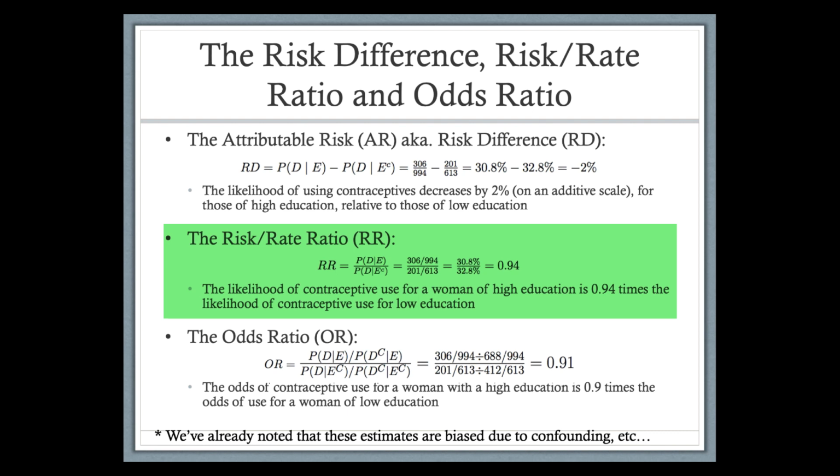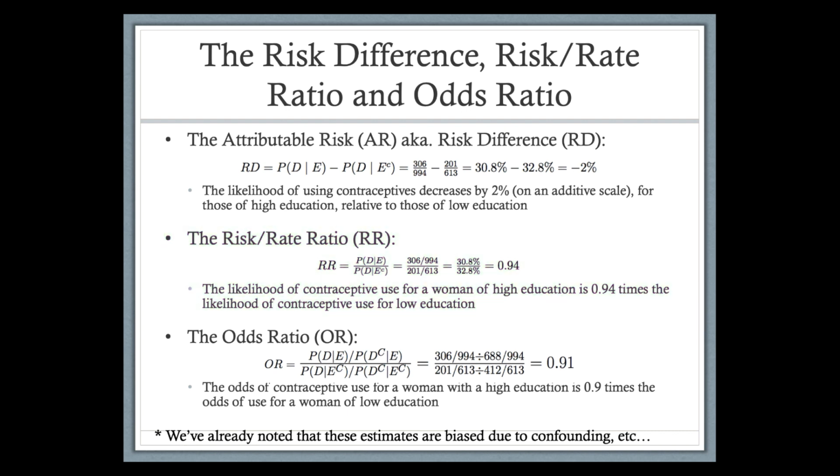Or if we subtract 1 from that, we can think of it as a percentage change. So 0.94 minus 1 gives us negative 0.06 or negative 6%. So women of high education are using contraceptives 6% less than a woman of low education. And again, this is on a relative scale or a multiplicative scale.